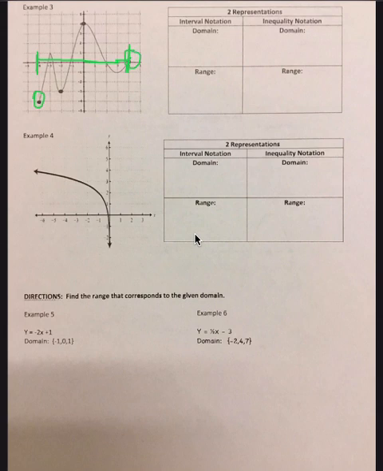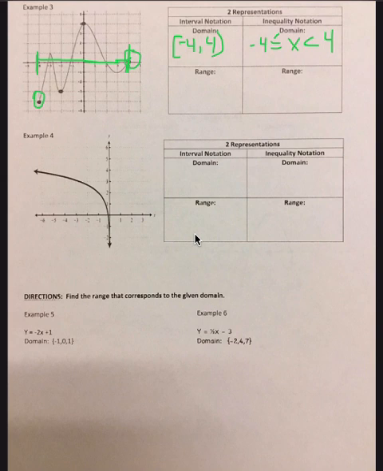So as we go from left to right, the domain starts at -4 and it's closed because that is a filled-in circle, and it goes all the way to the right to 4 and it's open. So we say it's -4 to 4. So we'd say -4 less than or equal to x, and then just less than 4 because it's open on that right-hand side.